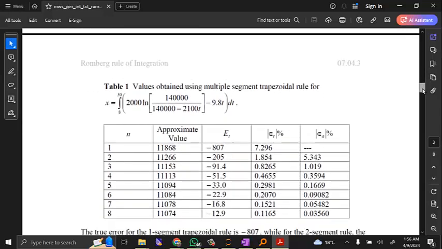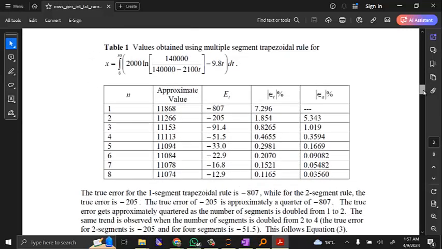All right, so here he does an exact integral, which is kind of messy. Looks like he's doing approximate error, but the true error is, all right, so yeah, so you can see it goes down by a quarter each time, and in fact that should become more and more accurate as you go along.